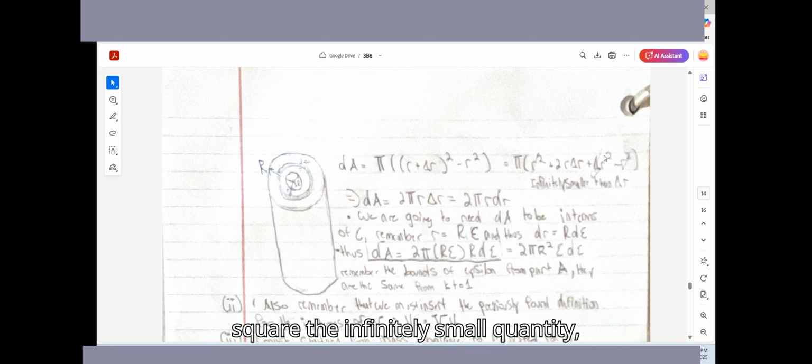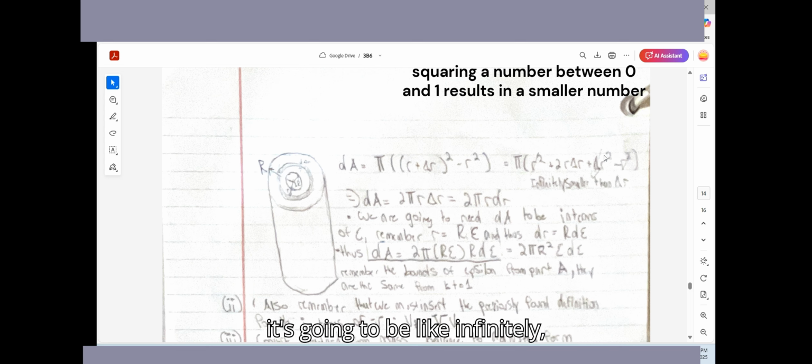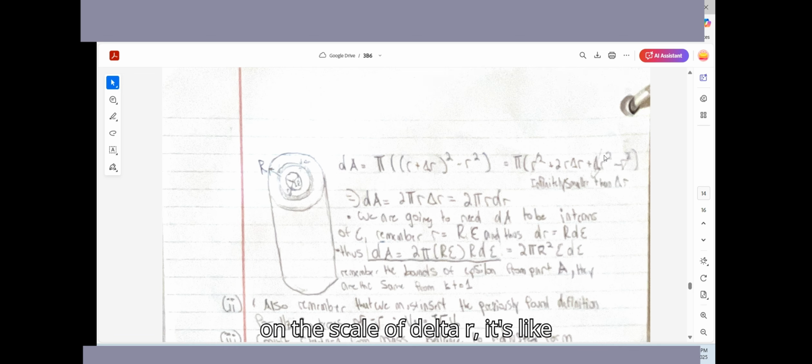If you square an infinitely small quantity, it's still infinitely small, even on the scale of delta r. So you can cancel that out. So then dA is just 2 pi r delta r. This delta r and this delta r are the same thing.